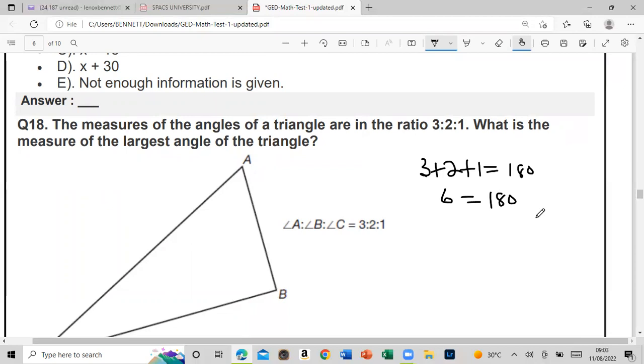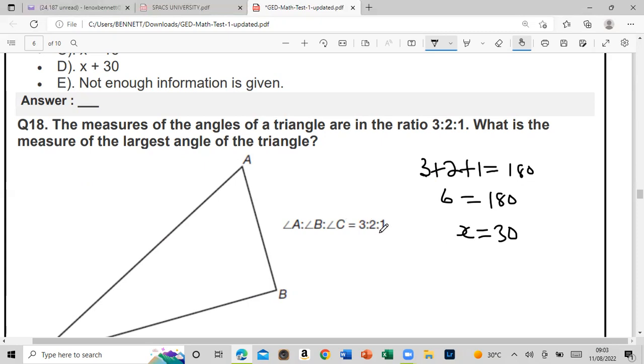Well, I read the question. What is the largest angle? So basically, I find the first angle, the smallest one, right? So the smallest angle is 30. 1 is 30, right?